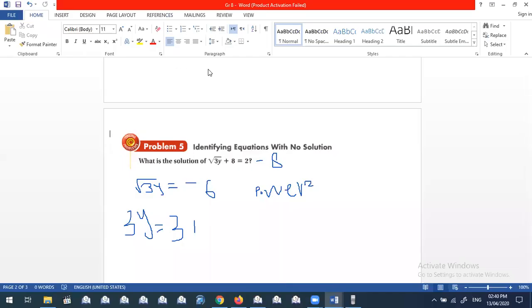Sorry for this lagging. Now divide by 3. So y equals 36 divided by 3, which is 12.